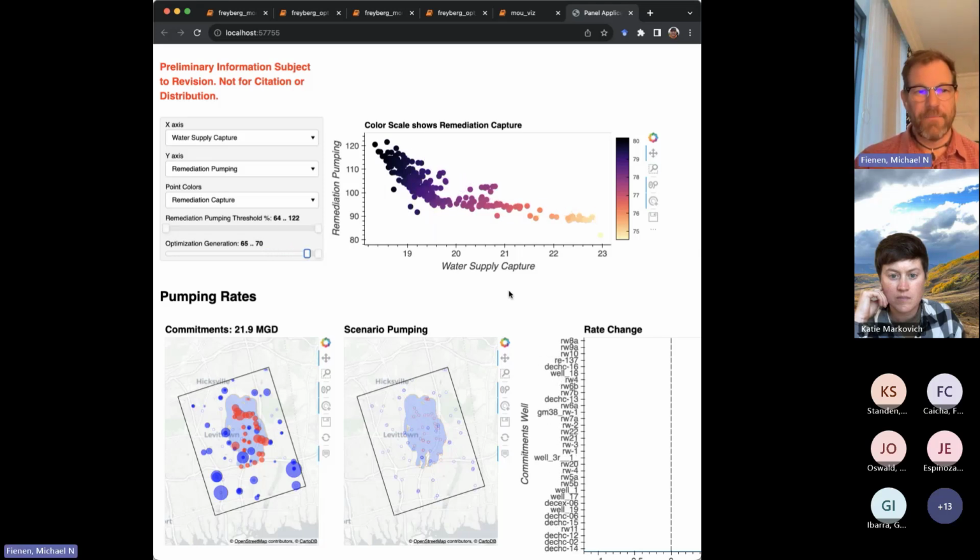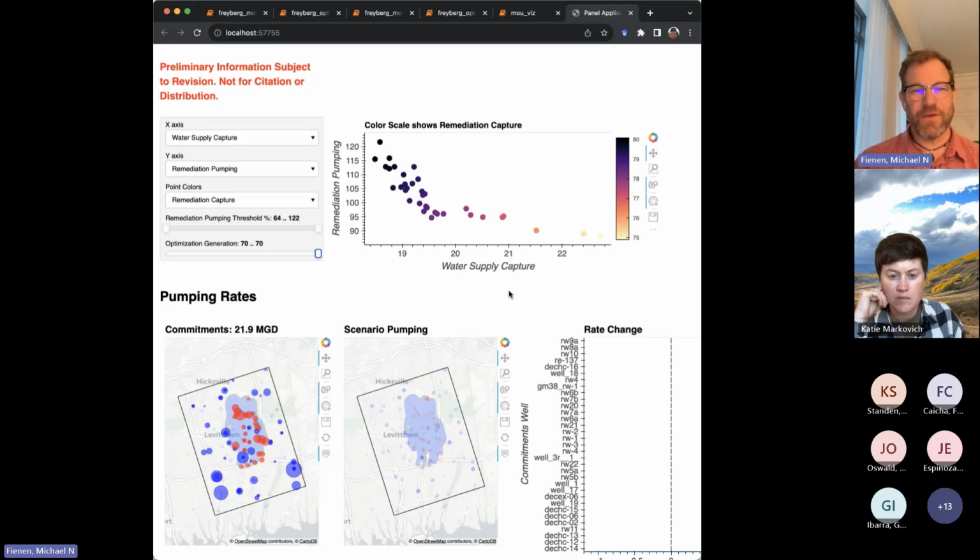The reason it's not quite as clean a front, though, is that we do have 5 objectives. So we have water supply capture, we have remediation capture, remediation pumping, and then there are a couple of wells that are downgradient that previously don't have any contamination, so those were given weight as well.